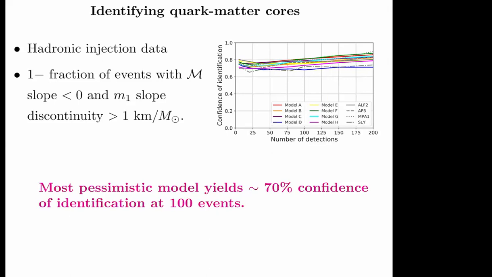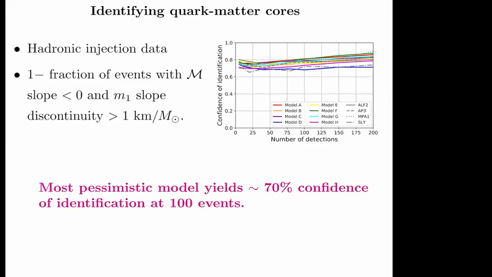So as a function of the number of detections, what you see here is that our most pessimistic model, I guess it's model D here, if you know what model D is, I didn't tell you, yields about 70% confidence of identification at only about 100 events or so.